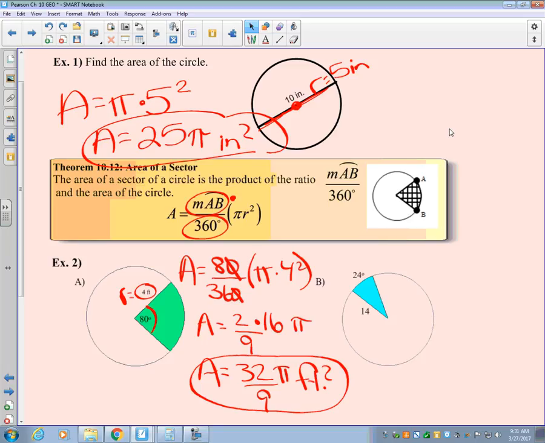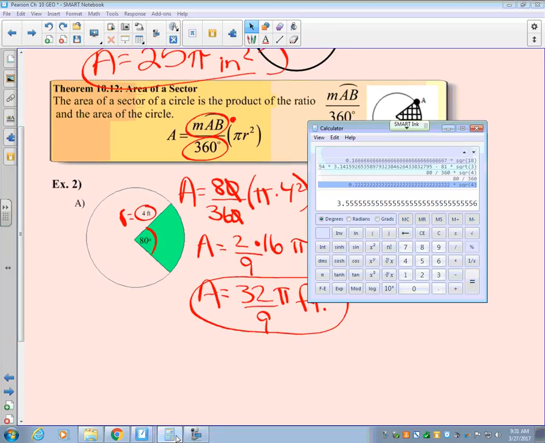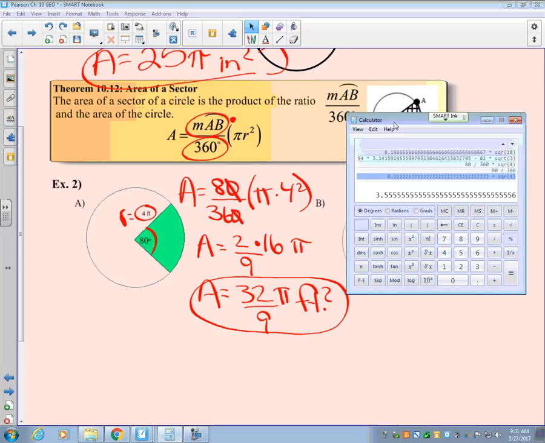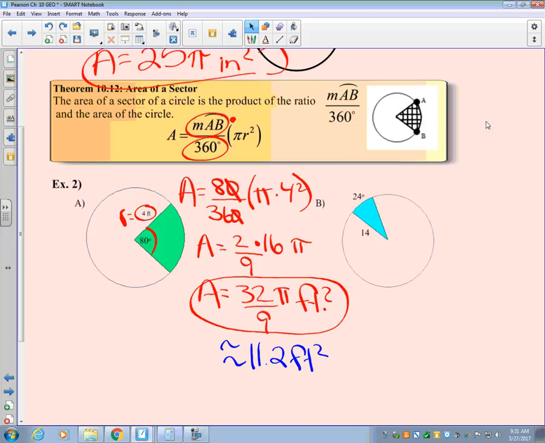If we were to do this in our calculator to find an approximation, because sometimes we do that, we go 32 divided by 9 times pi. So it's approximately equal to 11.2 square feet. You guys have to be comfortable doing both.